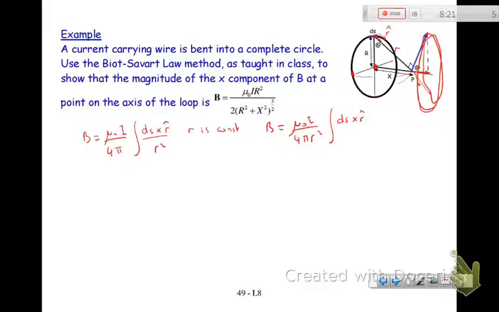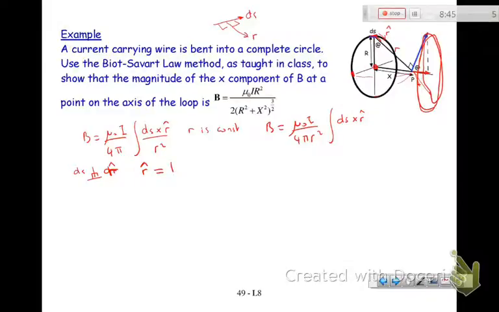Because of the symmetry. The ds is at the top, and my r hat is now there, but there's still 90 degrees to each other. This is my ds. So my ds is still perpendicular to my r hat, and also my r hat still has a magnitude of 1.